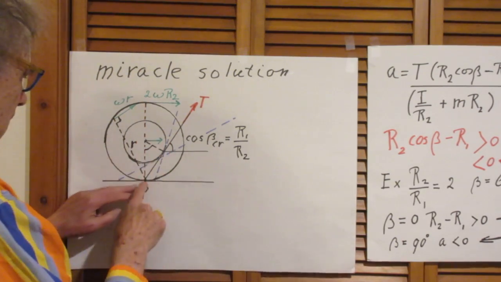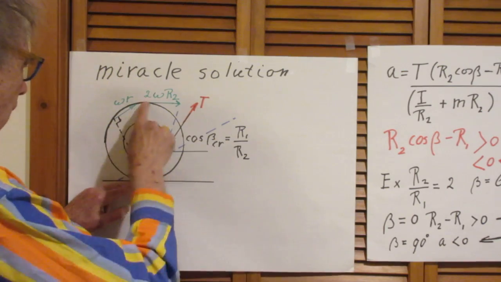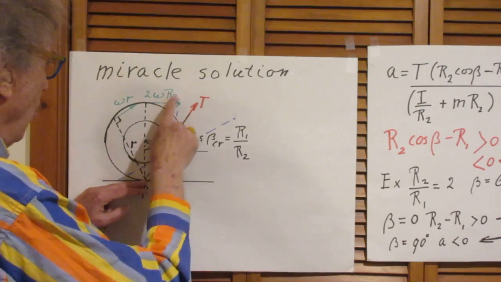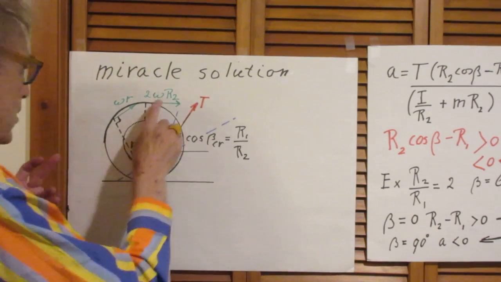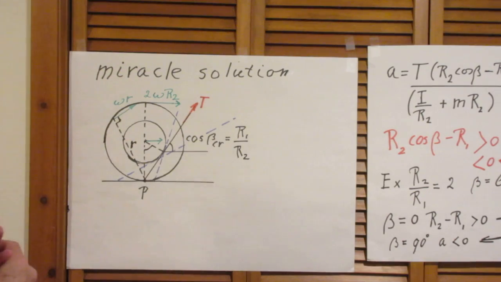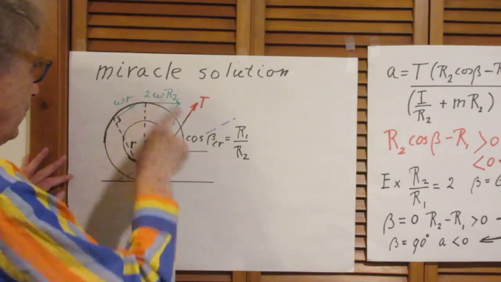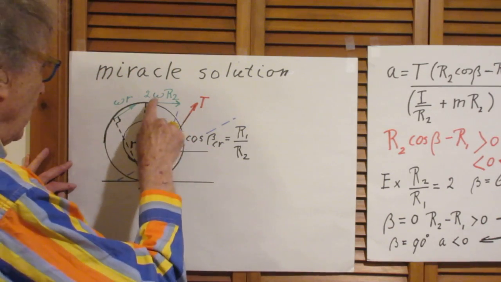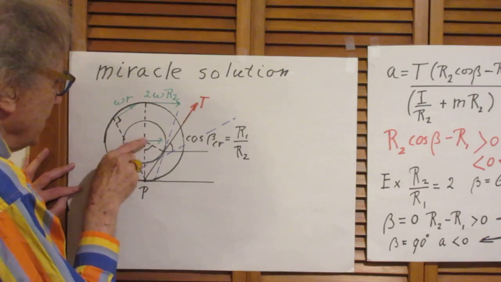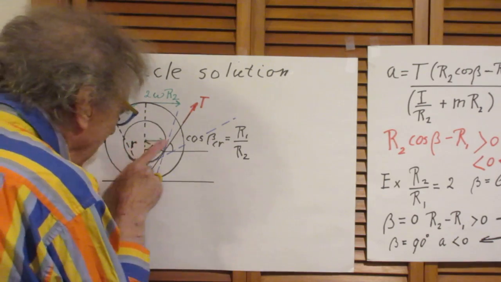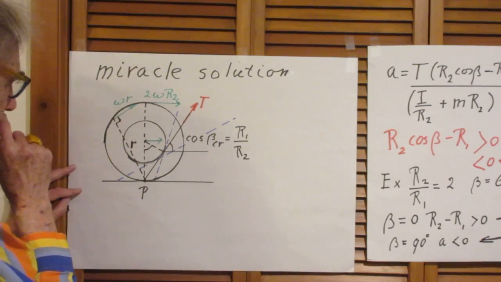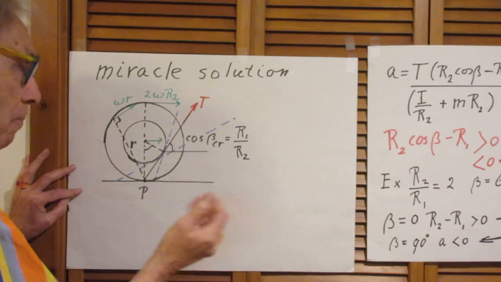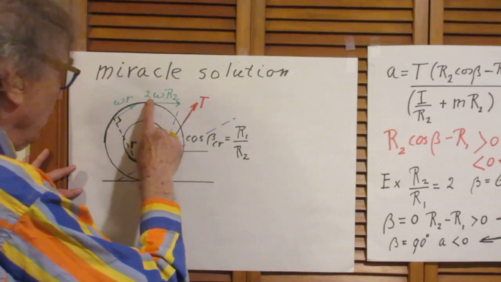This point is a distance from P which is 2r2, so it must have a velocity of 2 omega r2. And it is obvious that it has that velocity, because in the rotating frame at the surface every point has a velocity omega r2. But since the center of mass itself is moving with velocity omega r2, this point is the vectorial sum of both velocities, and so it must become 2 omega r2.